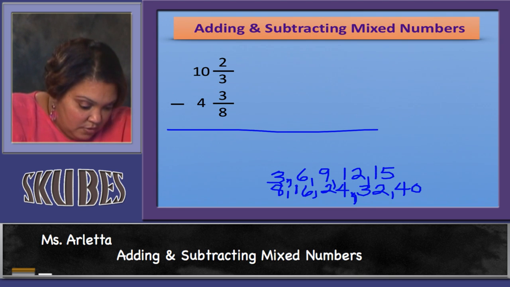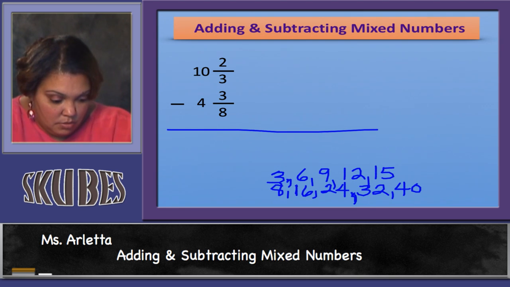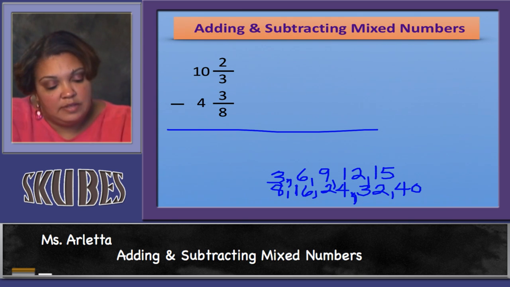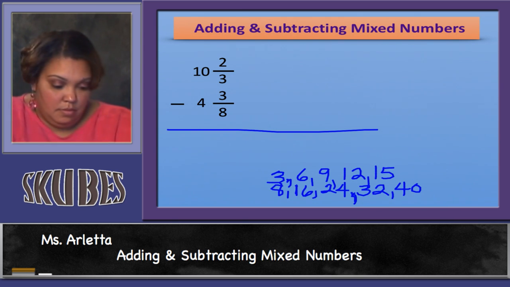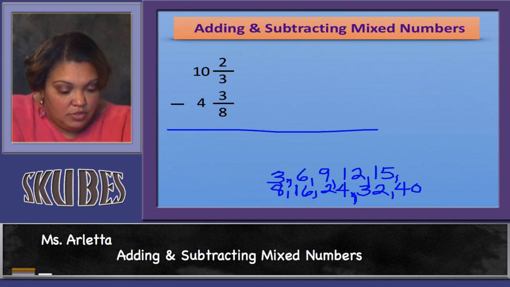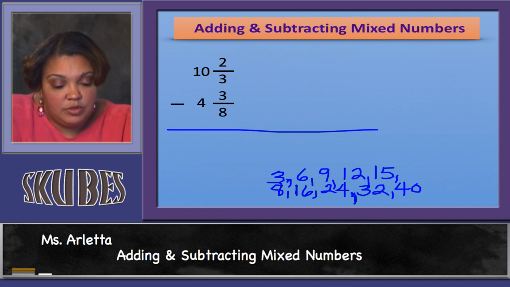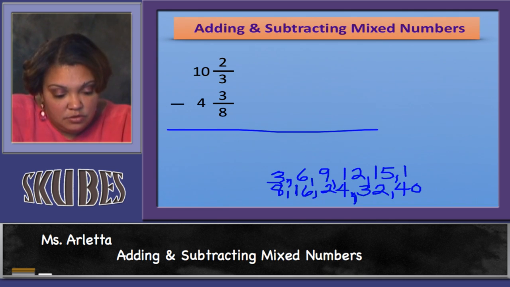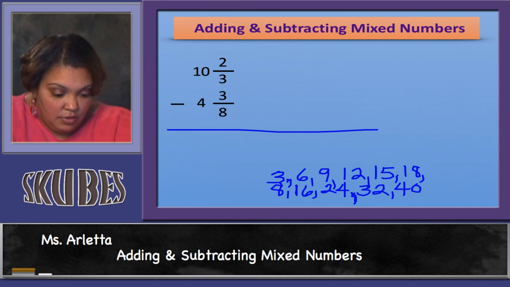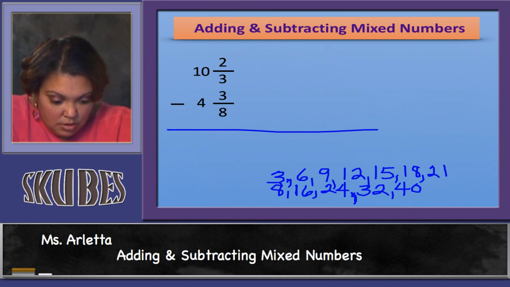Let's check and see. Do we see anything in common? No, we don't. So let's keep listing with our 3s. We were on 5. 3 times 6 is 18. Continue to look down and see if you have anything in common. 3 times 7 is 21. 3 times 8 is 24.